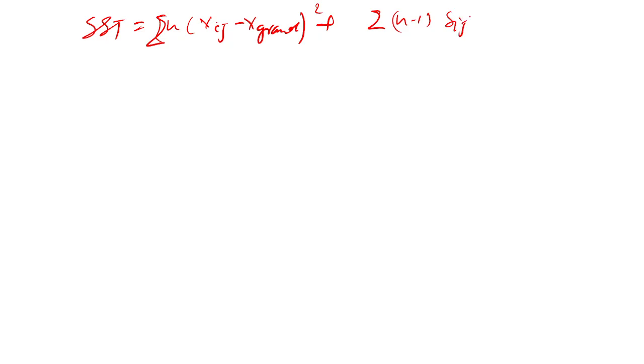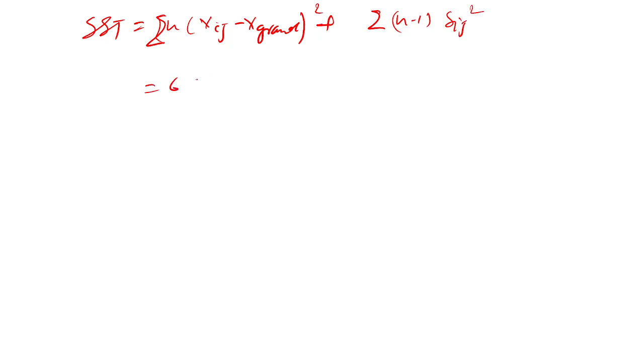So this was SST. How we calculated: summation of (x ij minus x grand) whole square plus summation of (n minus 1) Sij whole square.